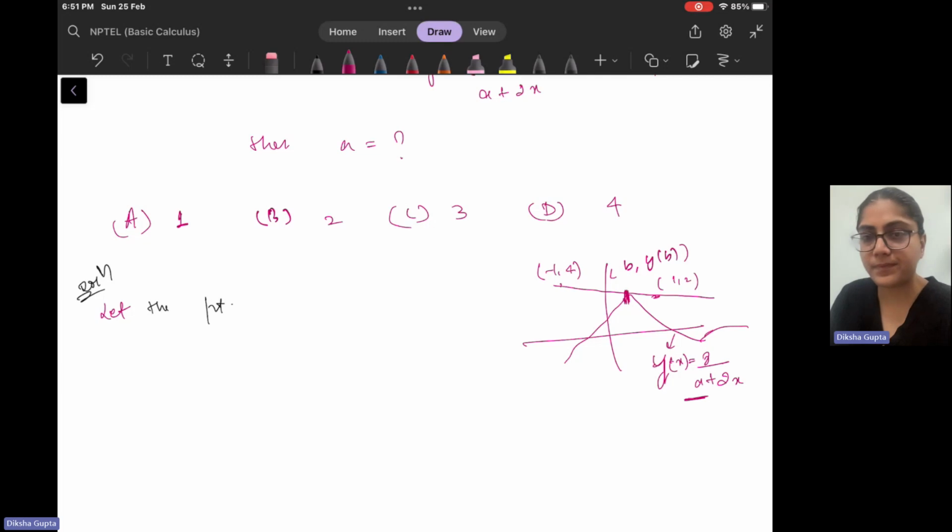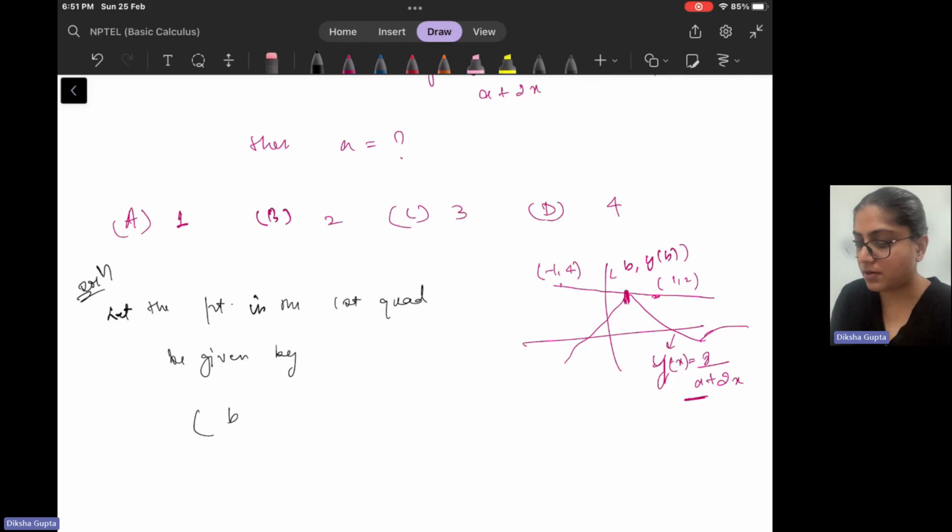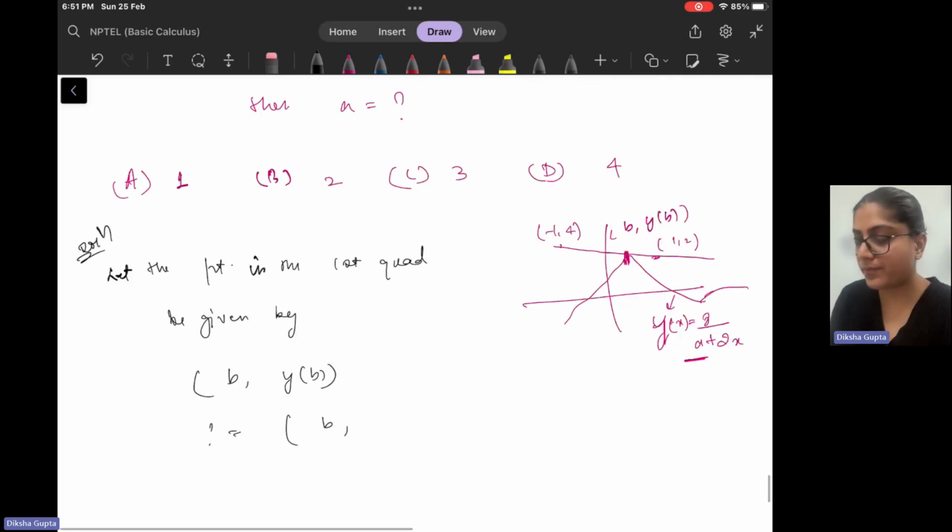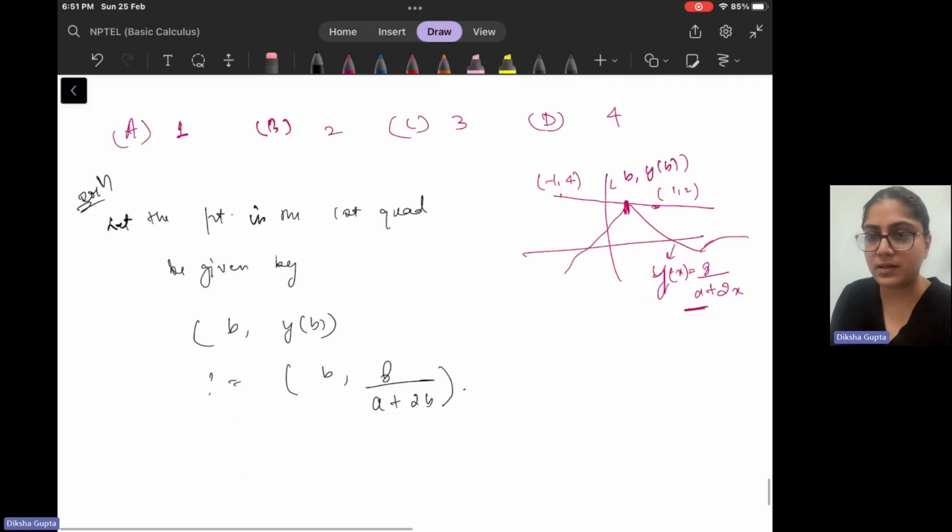Let the point in the first quadrant be given by (b, 8 upon a plus 2b).